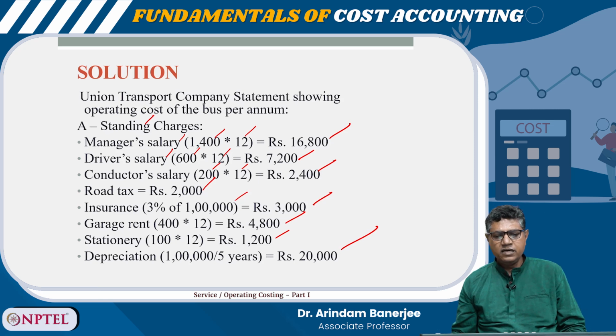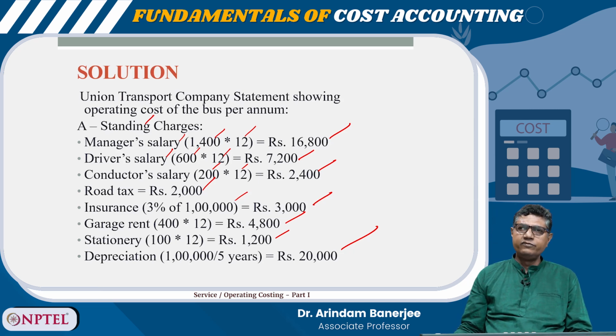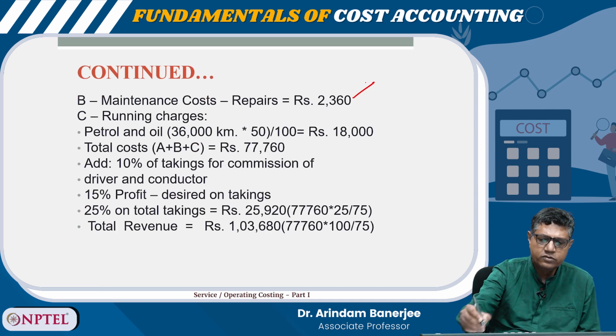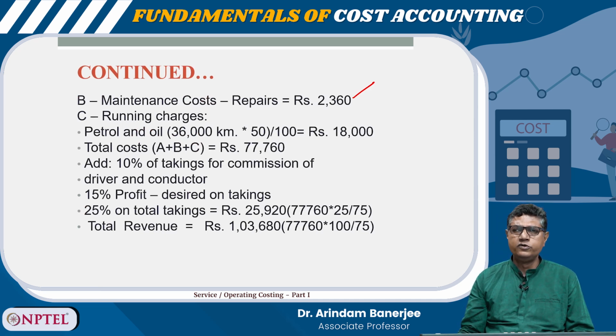So these are the standing costs, the costs which the company will incur per year even if the bus doesn't run. Now, there are maintenance costs and repairs, given as 2360 rupees. Running charges are actually variable costs. These costs are usually incurred when the bus actually moves on the road.